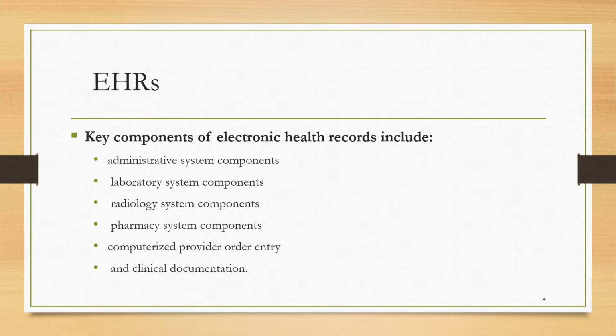Key components of electronic health records: administrative system components, laboratory system components, radiology system components, pharmacy system components, computerized provider order entry, which is known by the abbreviation CPOE, and clinical documentation.